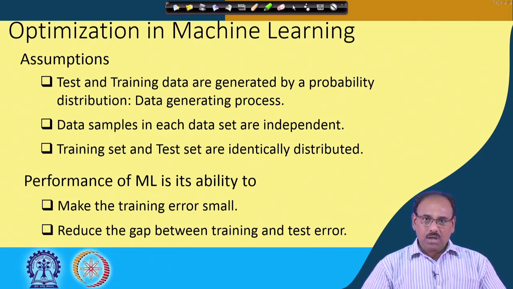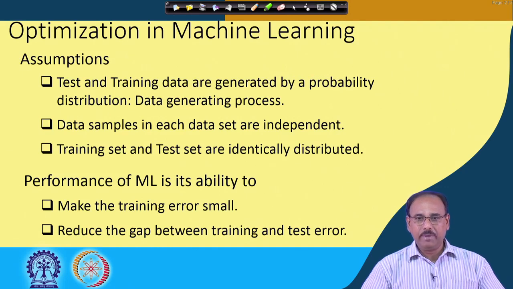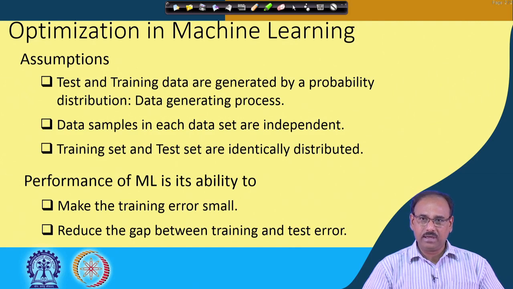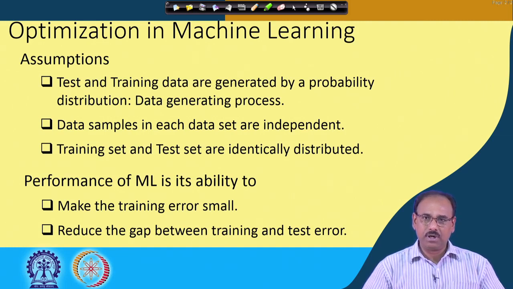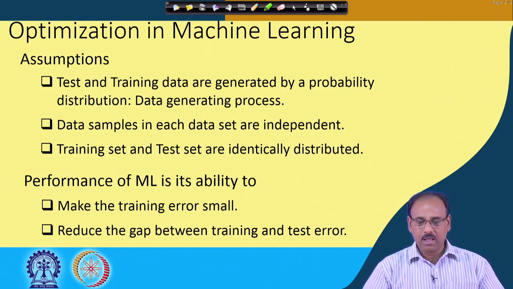So, naturally, because the test data has not been used for training the machine, how do we really guarantee that the machine which has been trained on the training data will also give lesser test error while testing on the test data, or will also give minimum error when you actually deploy the machine for a real life classification problem?